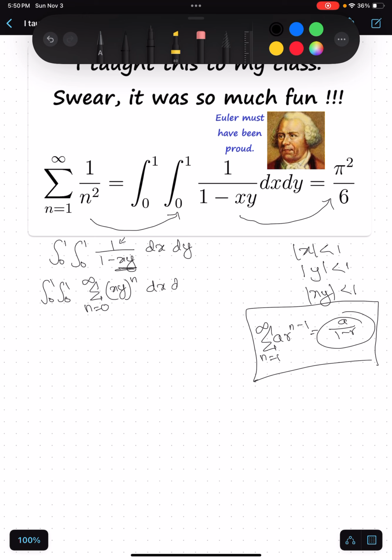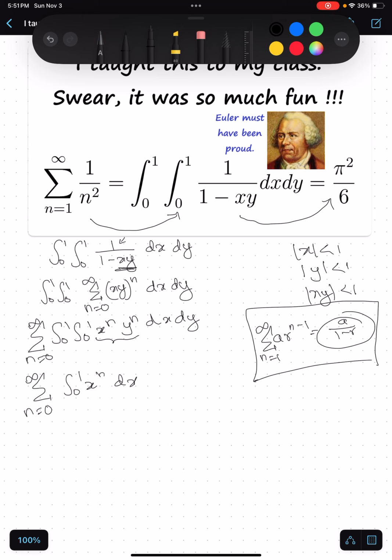We are interested in the sum and the integrals. Then integral from 0 to 1, 0 to 1, x to the power n, y to the power n, and then dx dy. Now, if the integrand is a product of functions of x and y, clearly not merged with each other, we can integrate them separately.